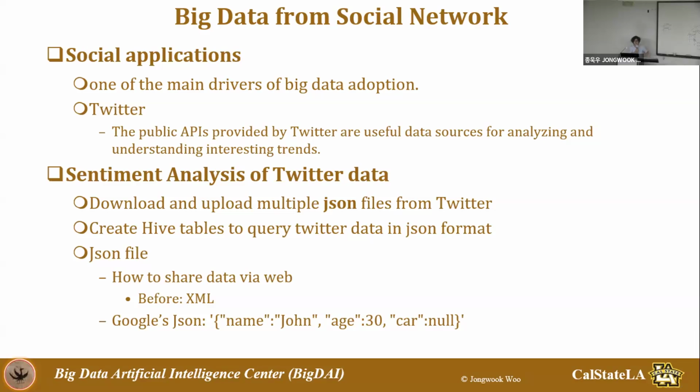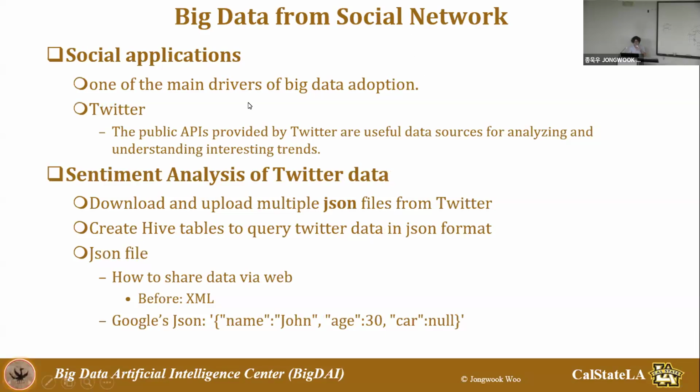Definitely XML also has a similar syntax, but JSON kind of reduces some syntax from XML and HTML. So if you just look at it, you can tell how easy it is to share the data.